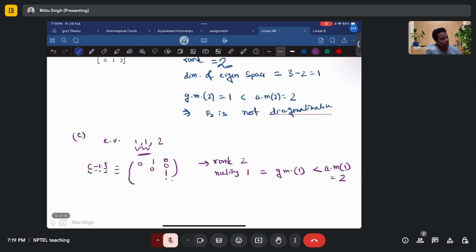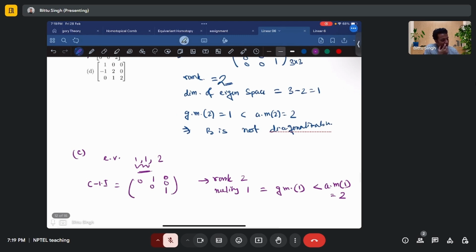Option D. For D, again we follow the same process. The eigenvalues are 1, 2, 2. So the problem may be created by 2. So again D minus 2I.